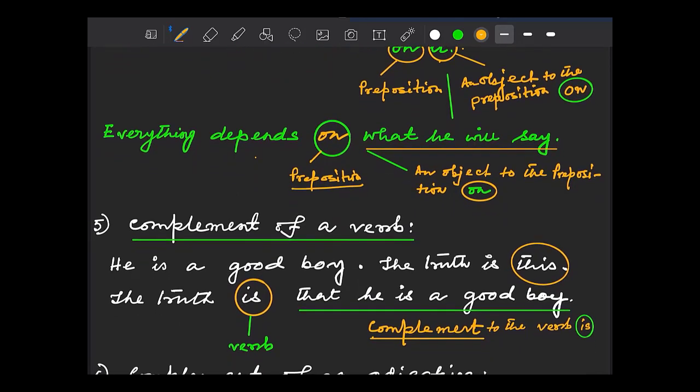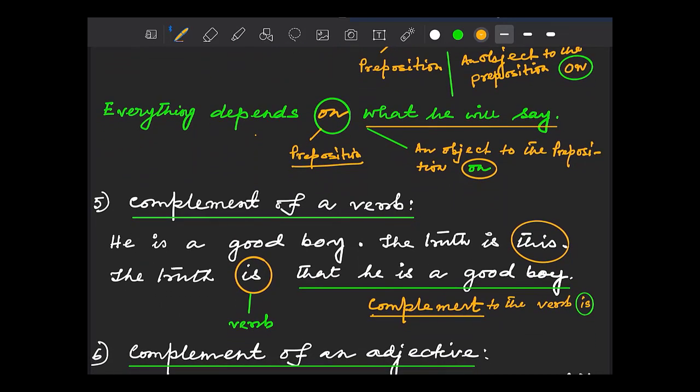Next one, a noun clause is used as a complement of a verb. Complement. See the sentences, they can understand. He is a good boy. The truth is this. This means he is a good boy. In place of this, I will use he is a good boy. See, the truth is that he is a good boy.